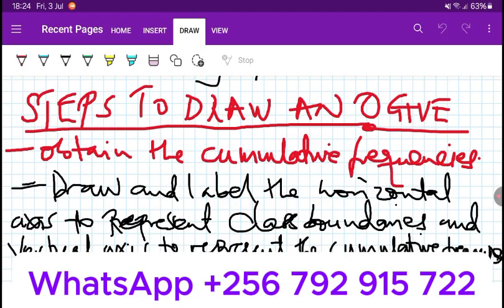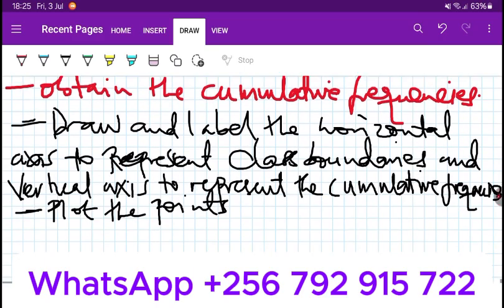But most of the times, as I told you, we always take the upper class boundaries, because most of the times we always draw the less than, because we always want to find that value that is going to be below a specified value.